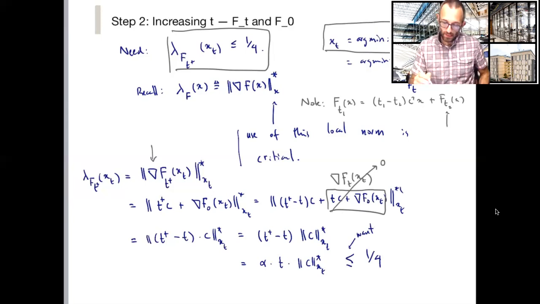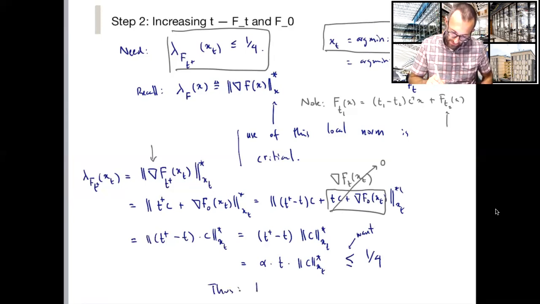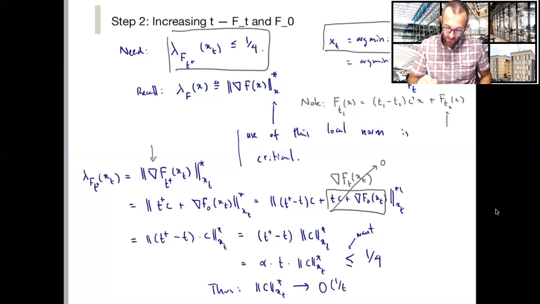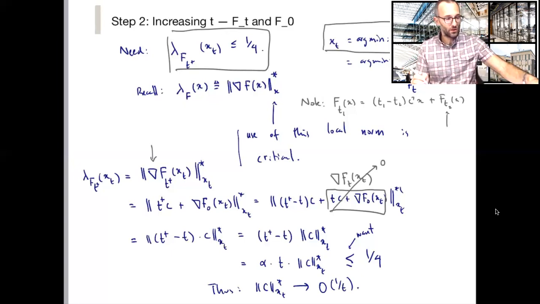So immediately we need that this local norm better be behaving like something proportional to 1 over t. Okay, so the local norm is absolutely critical.